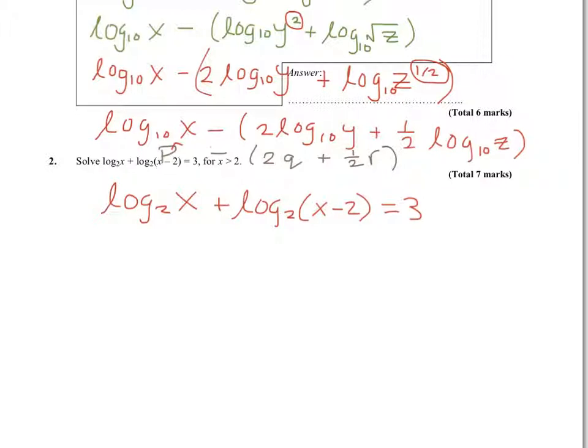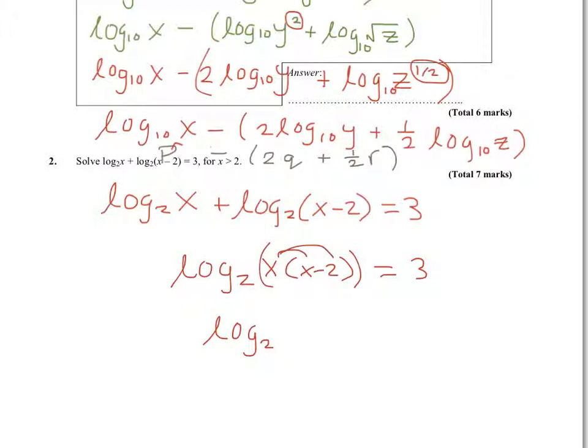So the product property says I can combine these into one log that is the product of the x and the x minus 2. And so I can simplify that. Log base 2 of, I can distribute that x to be x squared minus 2x.